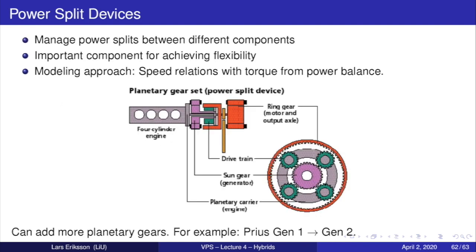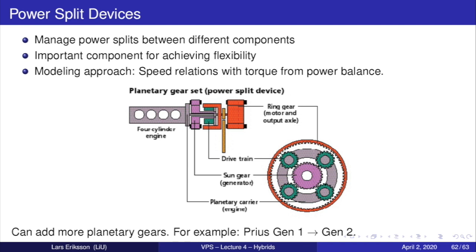Finally, we have power split devices that we have already covered in the Toyota Prius. They manage the split between different components, and they are an important component when we want to achieve flexibility. For example, having the ability to place the engine in its best operating point. The modeling approach here is the same, that we use speed relations and then we extract the torque from the power balances on the device.